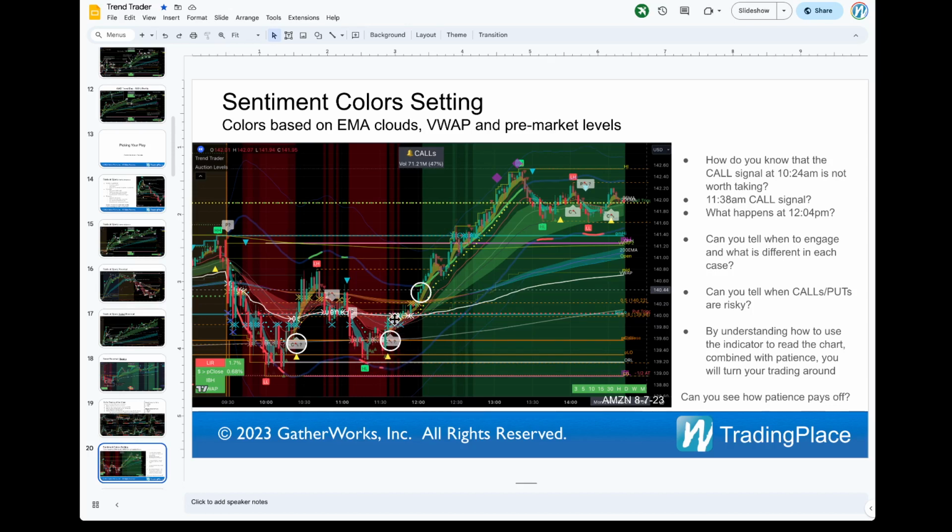Now you have a call signal. You're not in yet because you're below the VWAP, but then you break through the VWAP, you hold it, your EMA clouds go green, your background sentiment goes green. So now it's a good time to get in on a pullback candle. You can use this opportunity to get in. Look at your higher time frame levels.